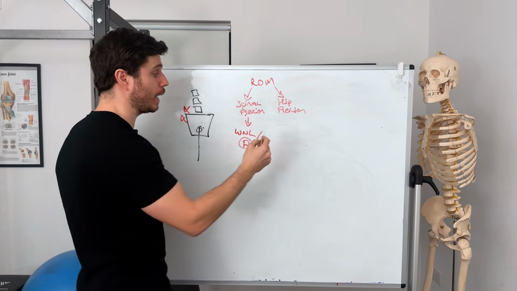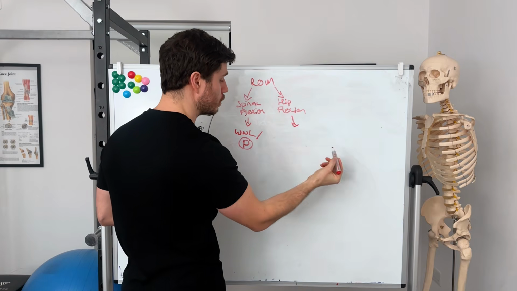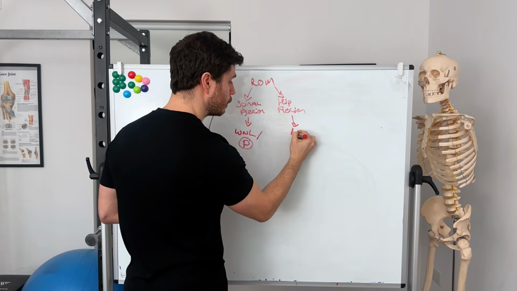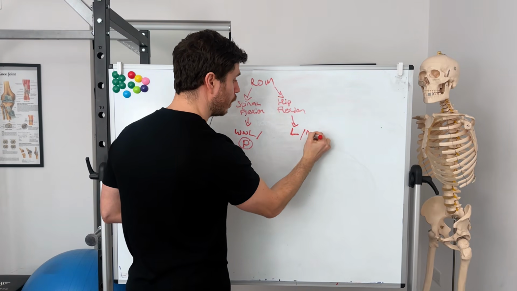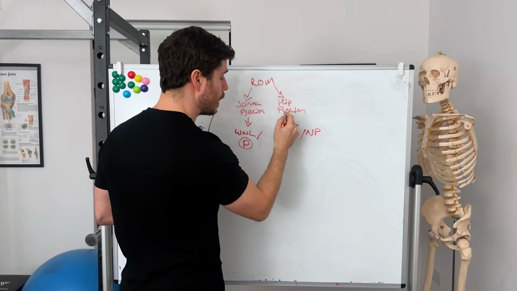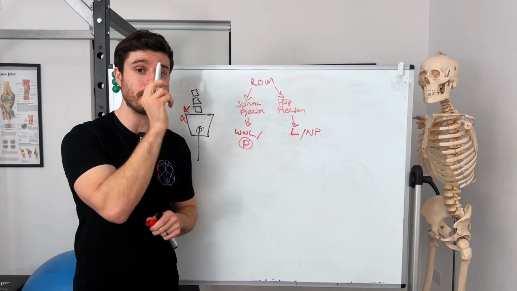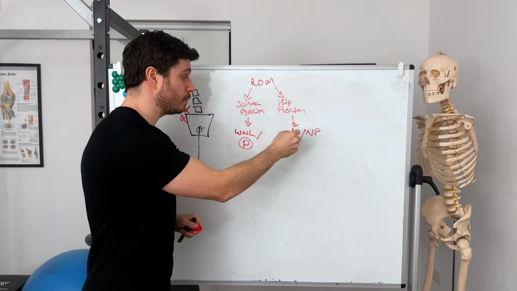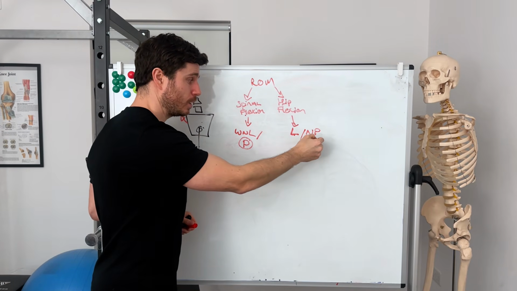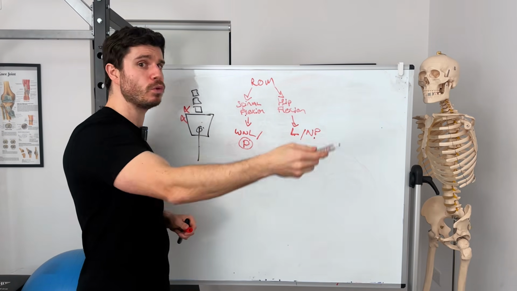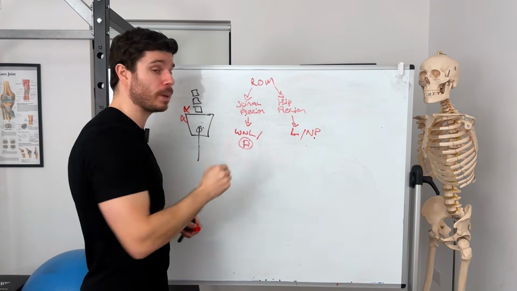And let's say then we looked at hip flexion, and that was, let's say, L for limited and non-painful. Okay, so even though it looks like hip flexion is a thing that this individual is missing, it's limited, but it's not painful. But the thing that looks like it's moving well, the spine, is painful.